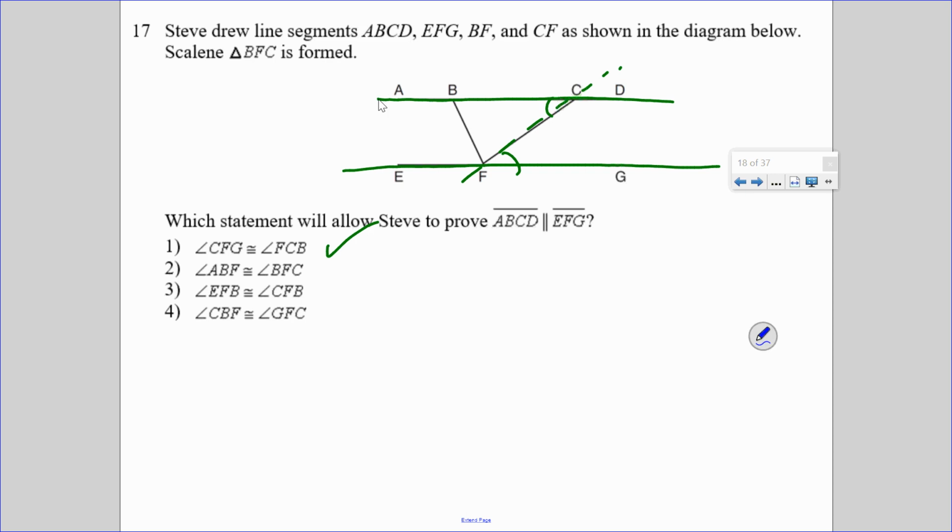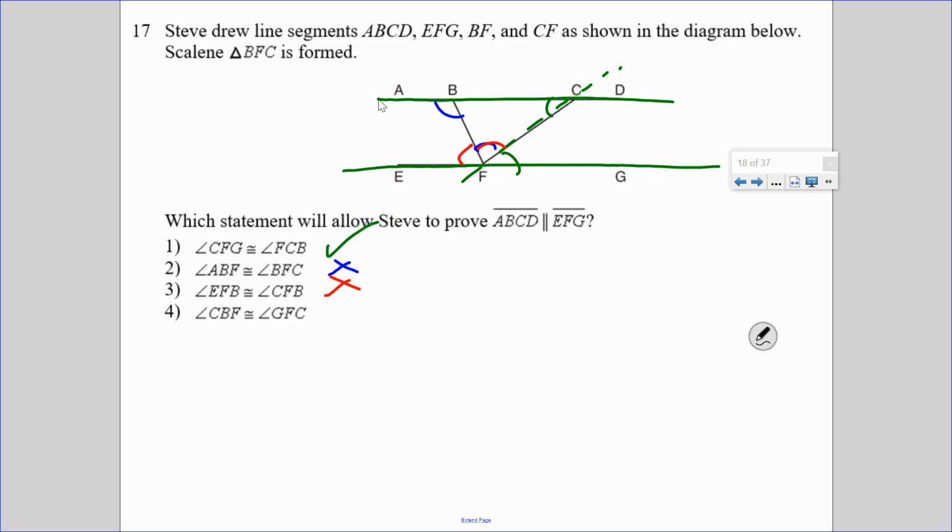ABF, BFC. Are these alternate interior angles? Nope. EFB, CFB, nope, not alternate interior angles.